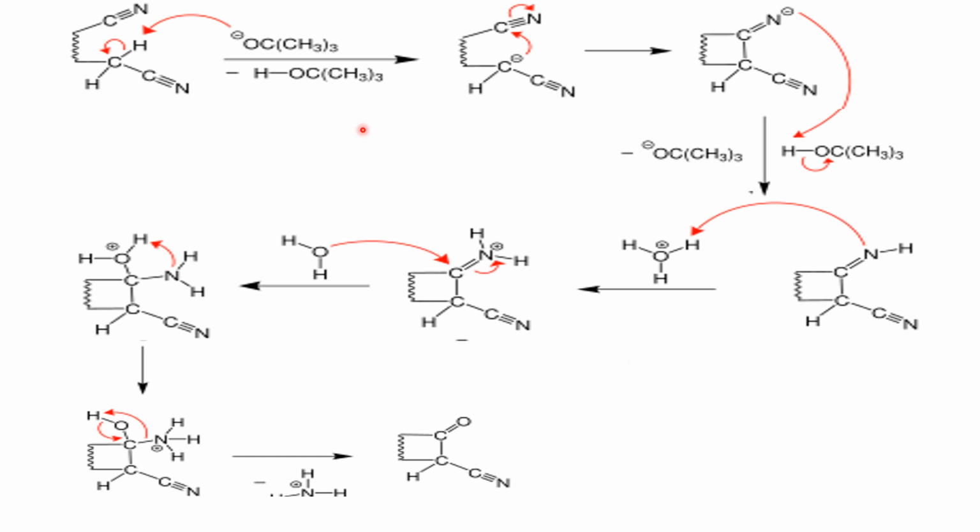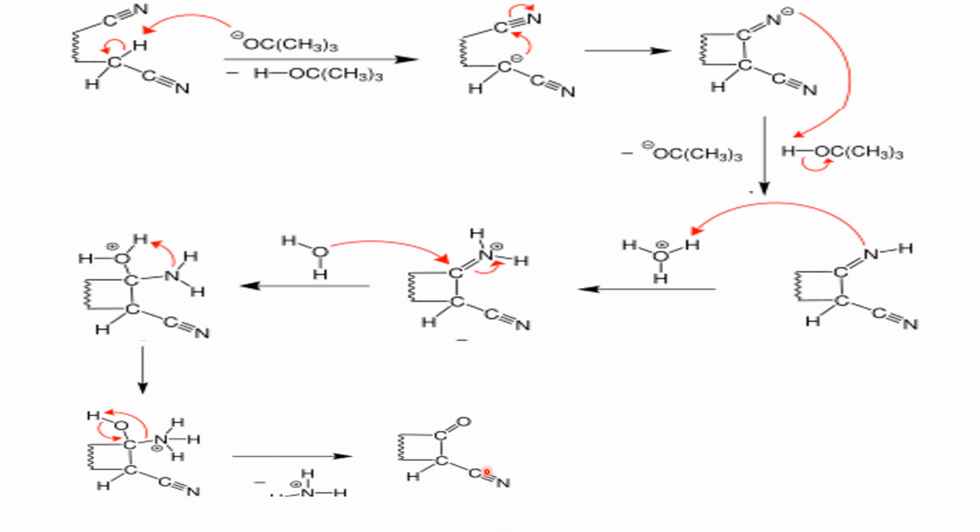So check again. First step, base abstracts the H from the carbon atom carrying the cyanide group, followed by intramolecular attack to form a cyclic compound. So the nitrogen atom present in the nitrile group abstracts H plus ion, followed by the elimination of NH3, resulting in the formation of cyclic cyanoketone.